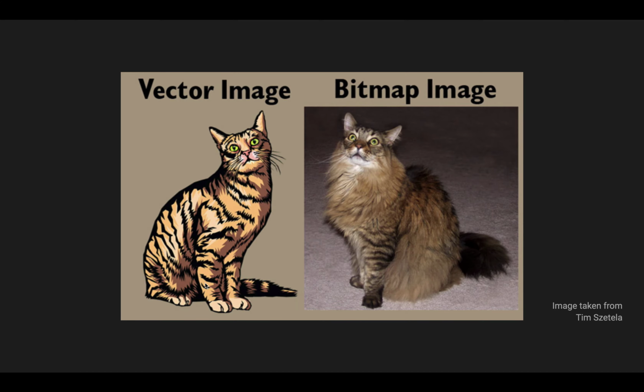The colors are in color blocks, as opposed to this side with the bitmap, where the colors gradiate much more. Your camera lens will take a picture in a raster format. So pictures are captured in raster. And that's one of the reasons you would use raster, and you just need to make sure that you take a picture that's big enough that you can resize it down, but you don't have to worry about resizing it up.